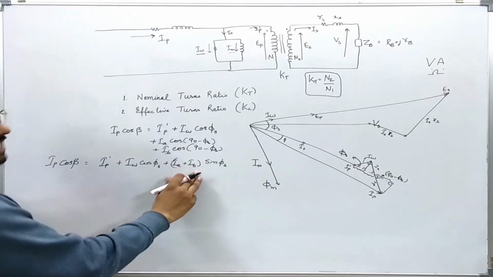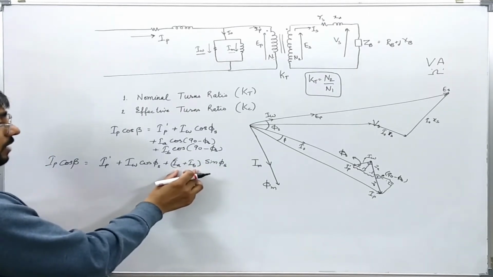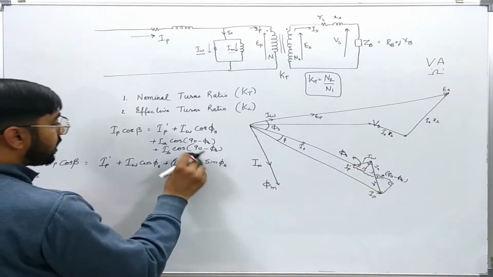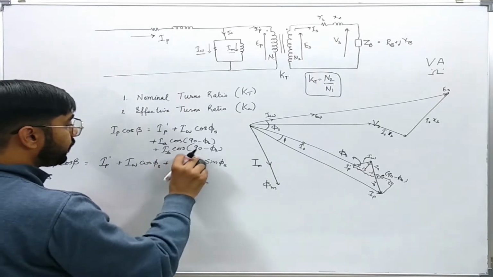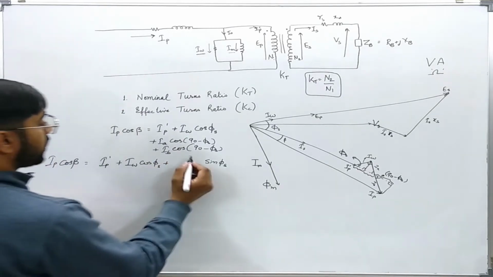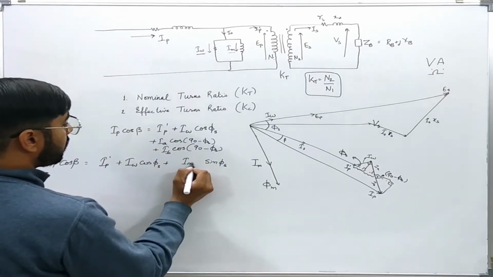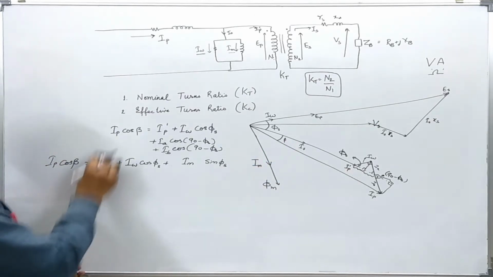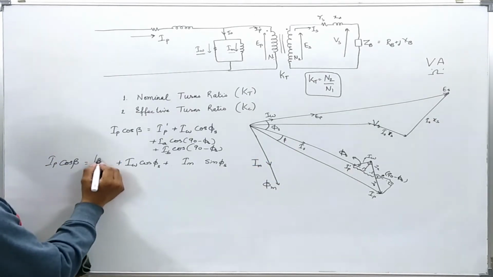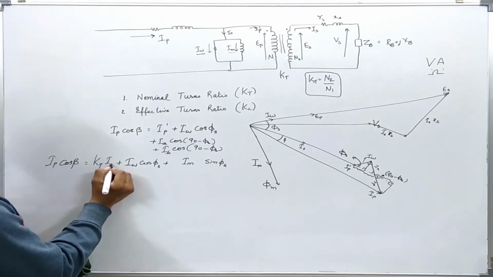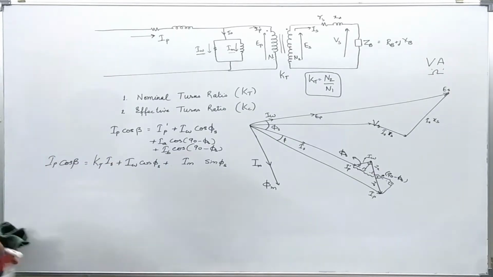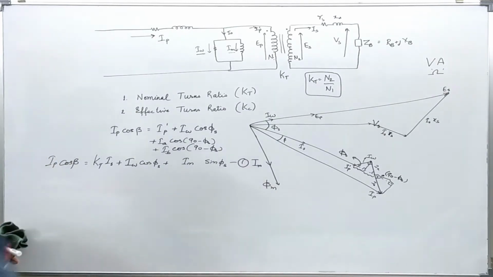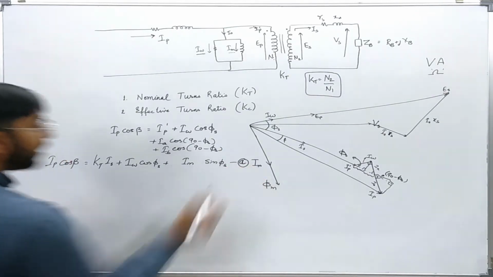Now the phasor sum of IA plus IB is equal to IM, so I will write it as IM. Now this IP dash is nothing but KT times IS. So this is equation number 1, or let us say this is A.